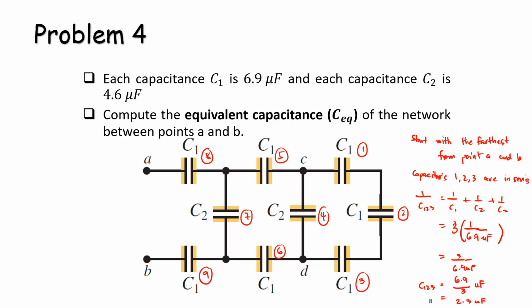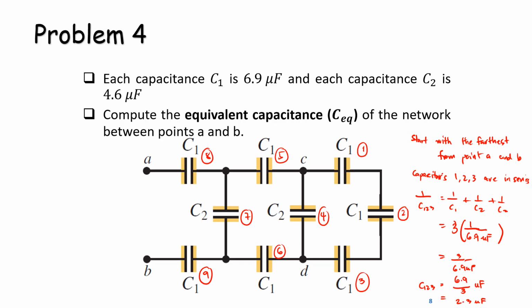So the equivalent capacitance of these 3 capacitors is 2.3 microfarad, and it is in parallel with the 4th capacitor.